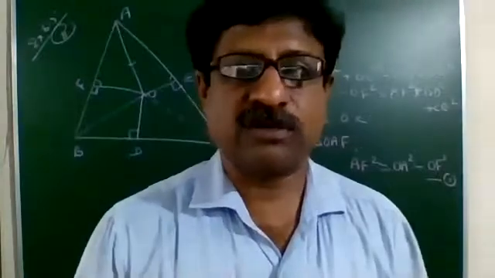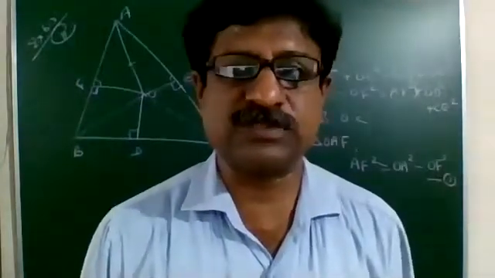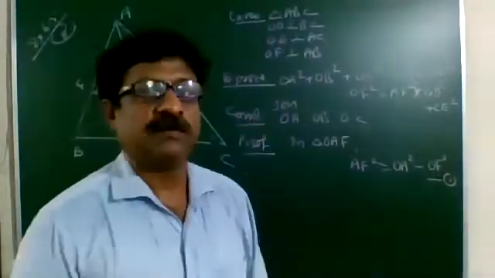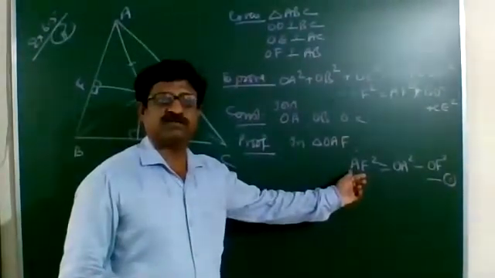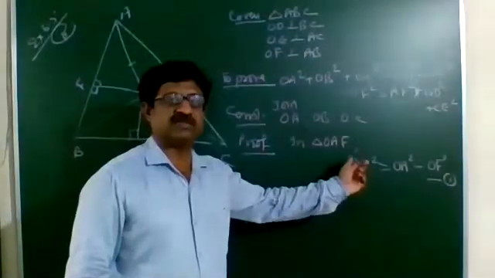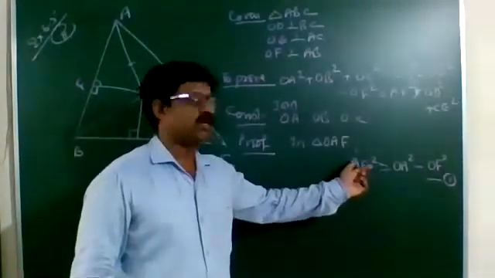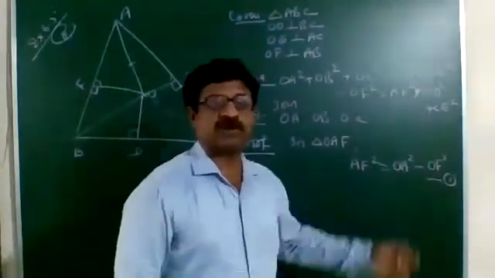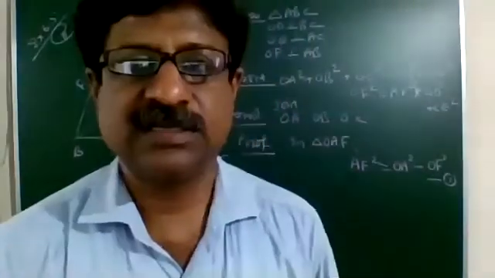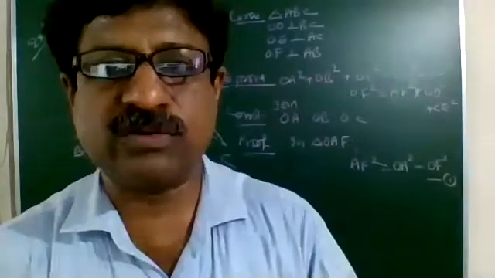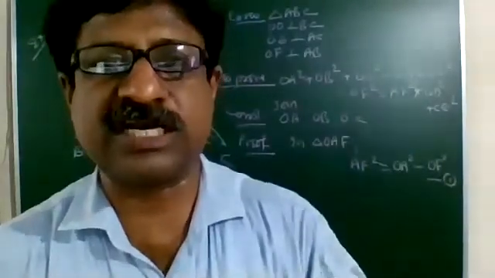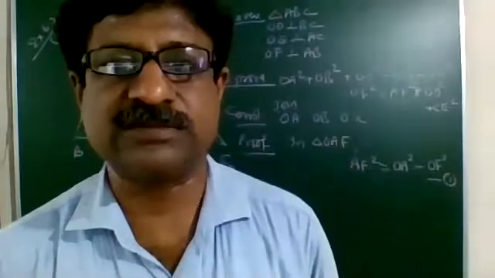I have started with one of the sides that we can consider as altitude. Square of altitude equals hypotenuse square minus square of other side. If you are having difficulty, one more step you can write: first use Pythagoras theorem, transpose it and get the required result.